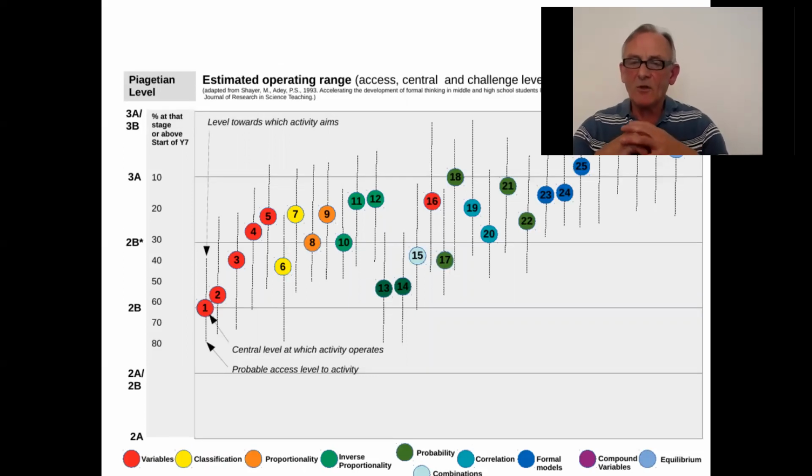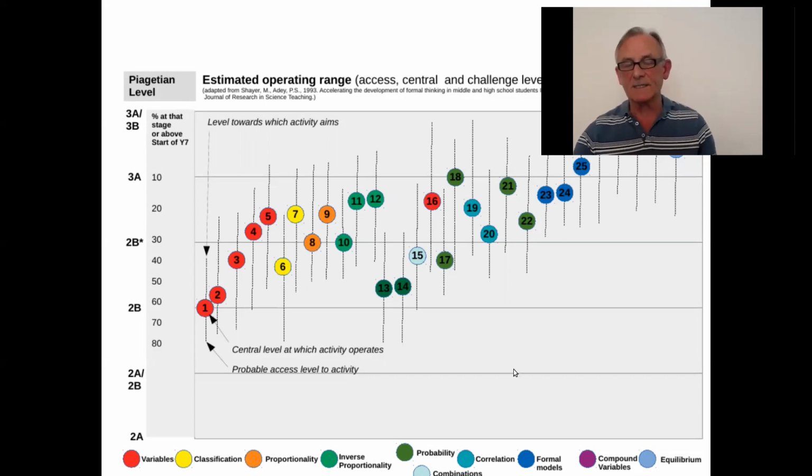I said before, this is the design feature of the CASE lessons. They have, and Sarah talked about this, an entry level that is quite low in cognitive demand. They have a target level for most of the activity, and then a high target, the high ceiling, she called it.